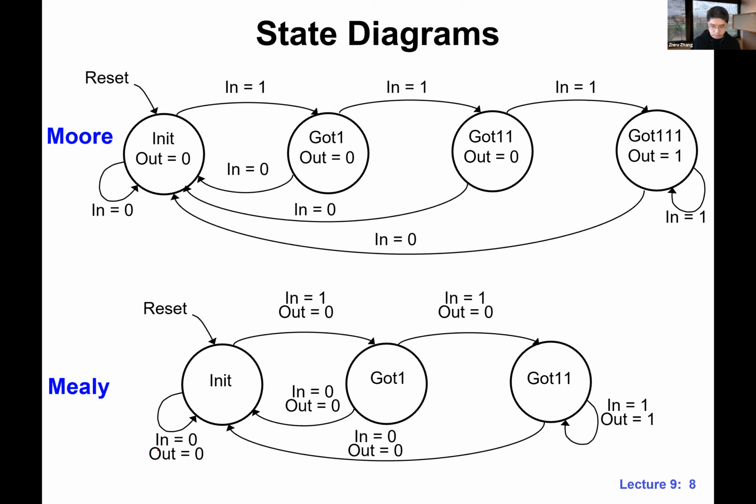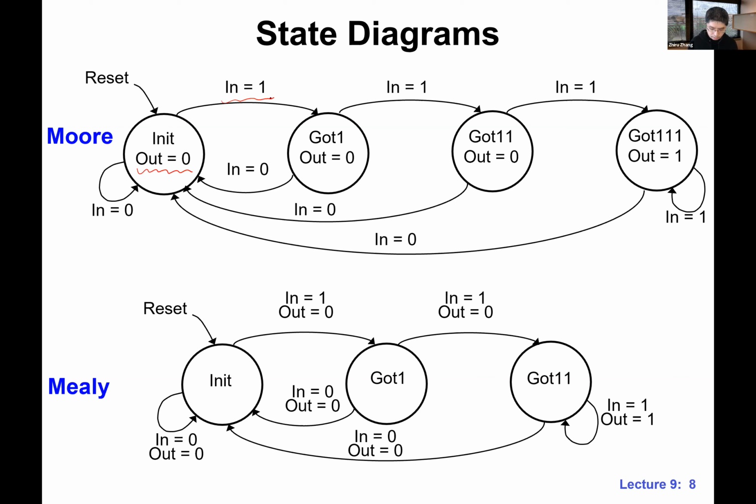In case you need a refresher, make sure that you put the output right inside the state bubble. Each state bubble needs to have an output, and we put the inputs on the transition arcs.